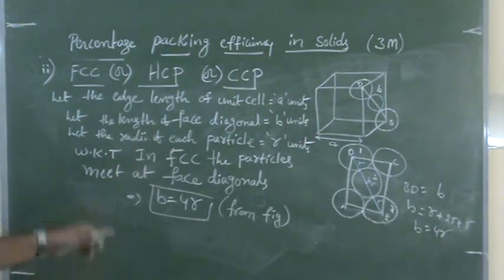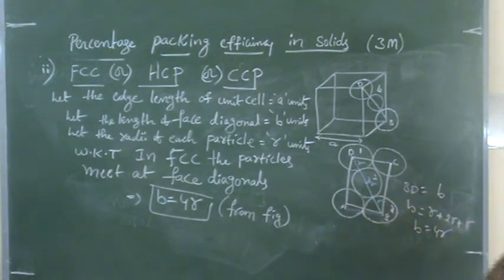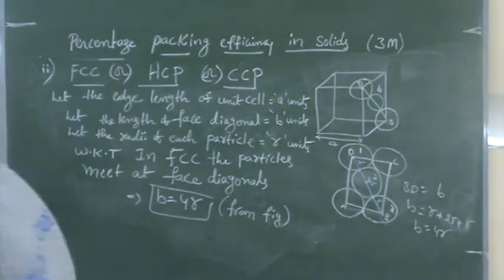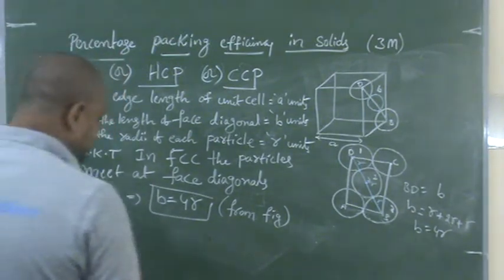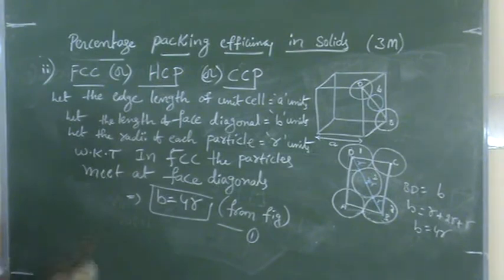Right? Note it. I'll continue. Note it up to here. So give this as equation 1: b is equal to 4r.